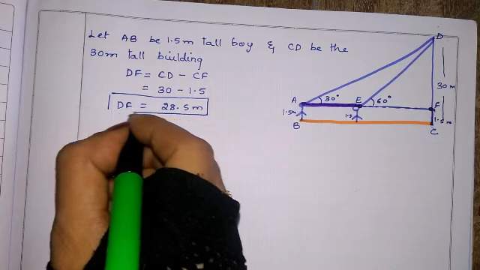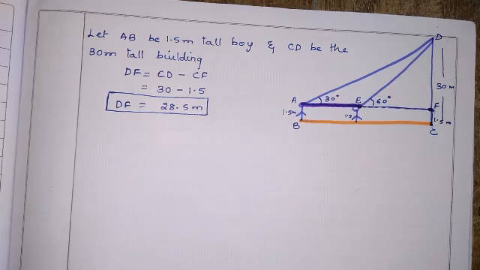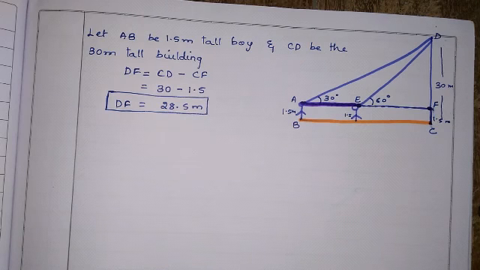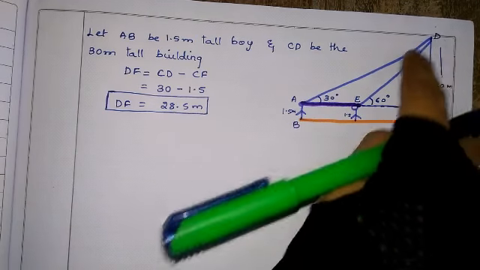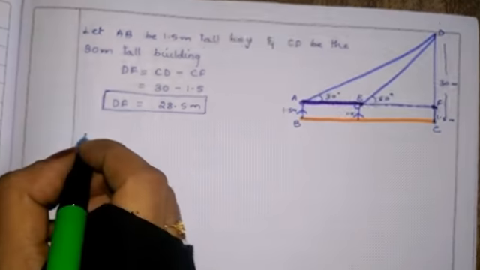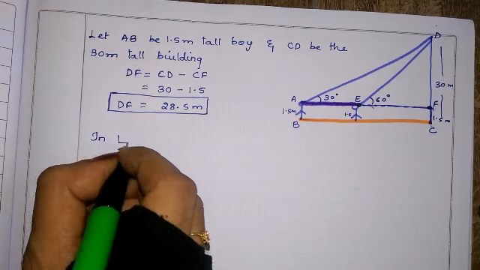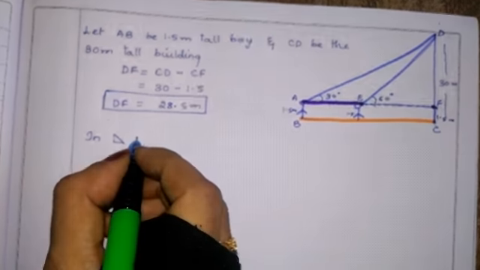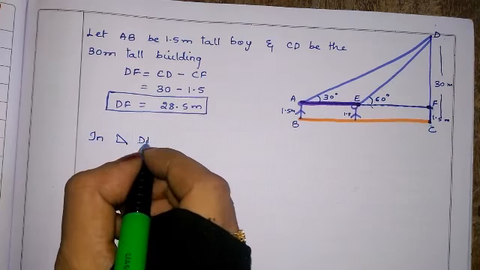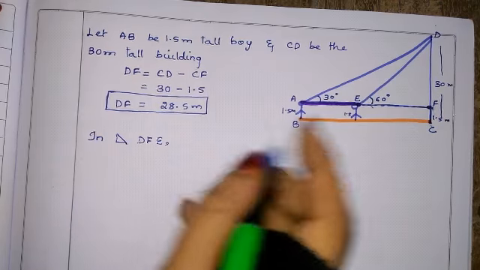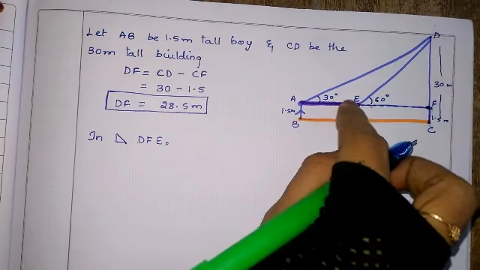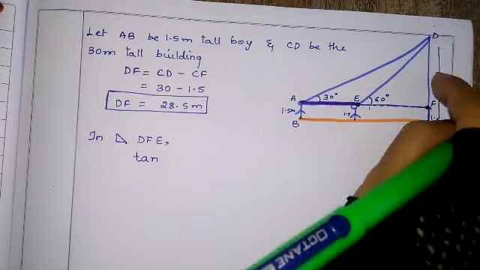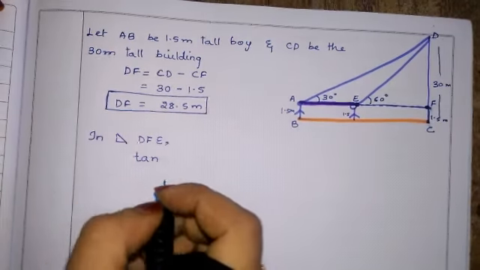Let us start solving now. We have got 28.5. Now let us take the small triangle, in triangle DFE. Why tan only? Because the opposite is given and we need the adjacent.